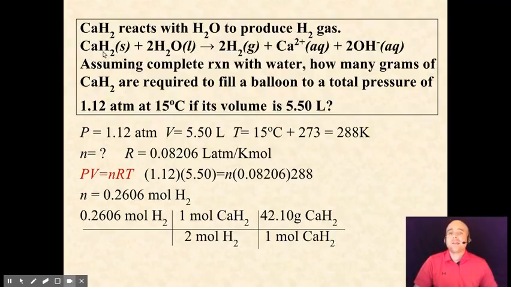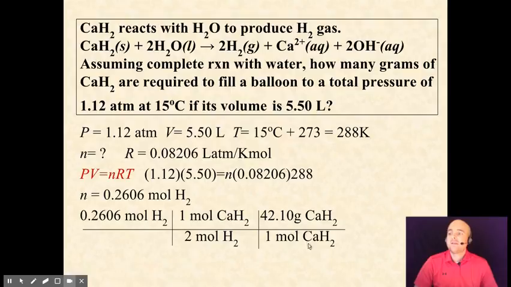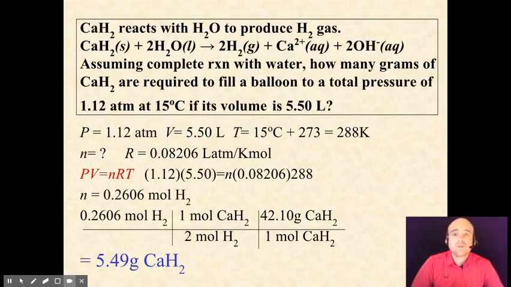The ideal gas equation doesn't apply to any solids or liquids. It only applies to gases, and the only gas that's here is the hydrogen gas. So that's why the answer that I get is in moles of hydrogen gas. Then I convert moles of hydrogen to moles of calcium hydride, and then convert moles to grams, using the periodic table to get our final answer of 5.49 grams.